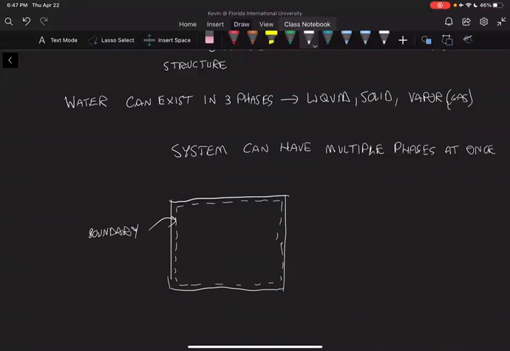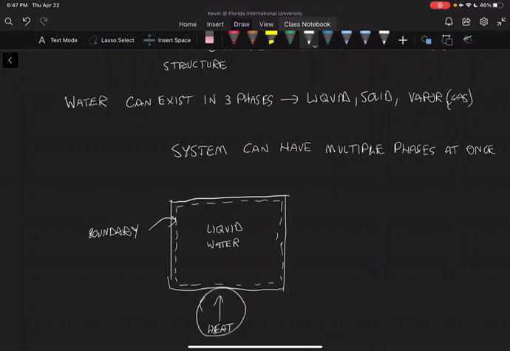And let's say we have water in here. And what could happen is we could have some heat added to the water. Well, what happens is you could have, so let's say this was liquid water to start with.